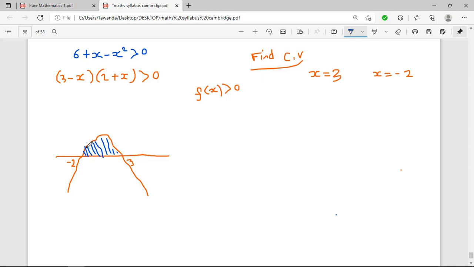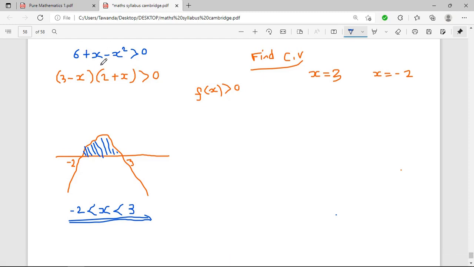So this is the region which is required. So our solution will be x is between -2, the lower limit, and 3, the upper limit. This will be our solution.